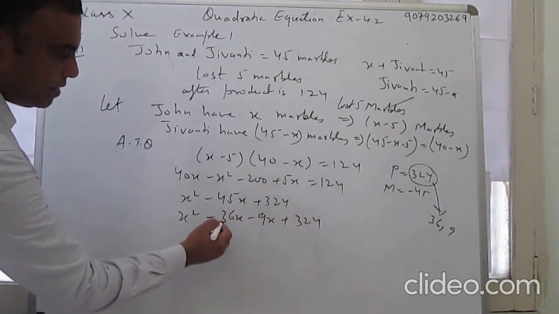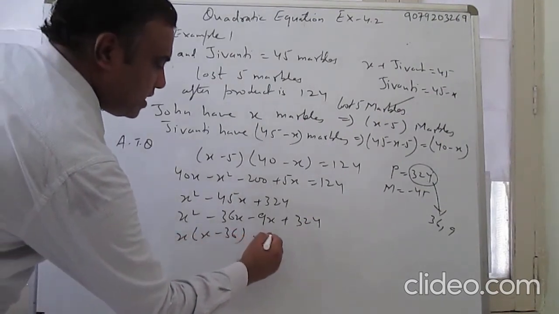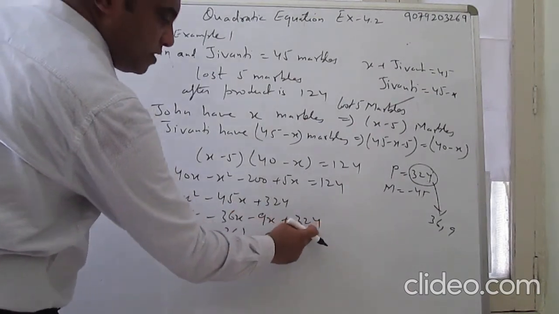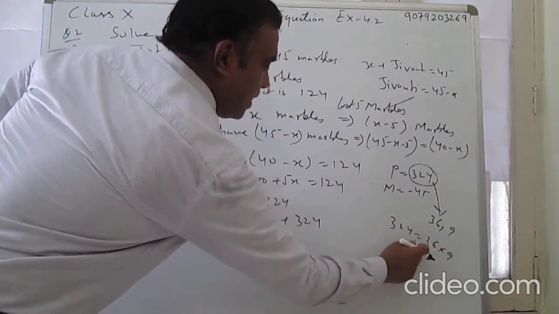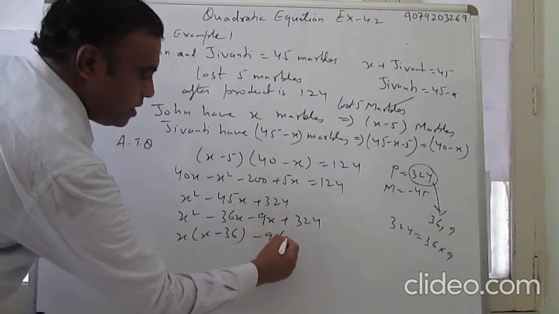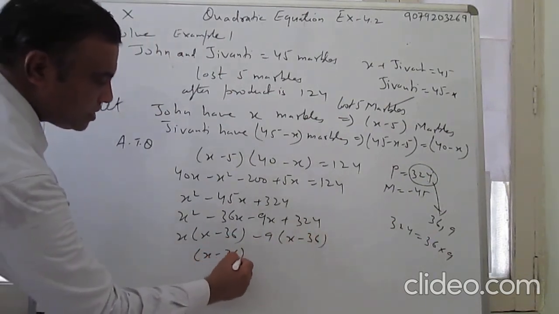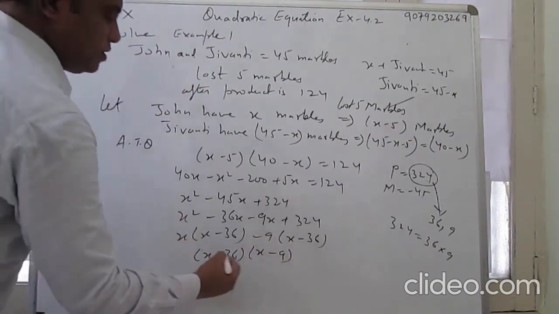So it becomes x common, x minus 36, minus 9 common. Taking 9 common from 324, 324 is the multiple of 36 into 9, so 36 remains. So x minus 36 and x minus 9, so you will equate them to 0.